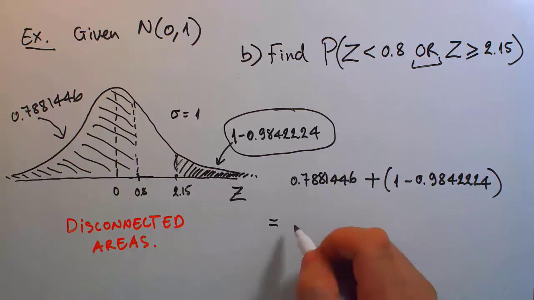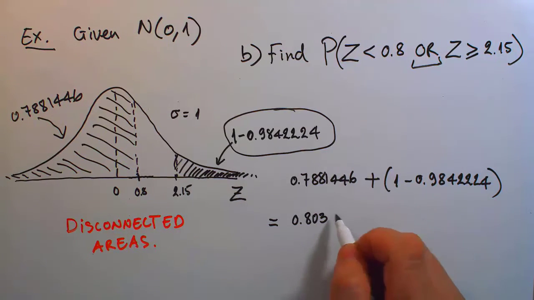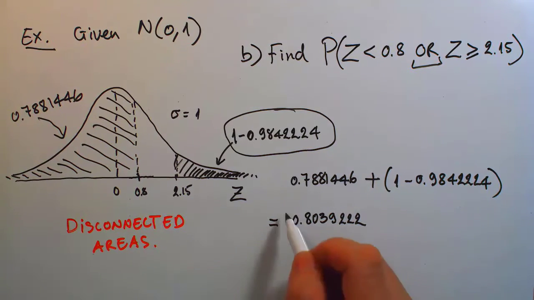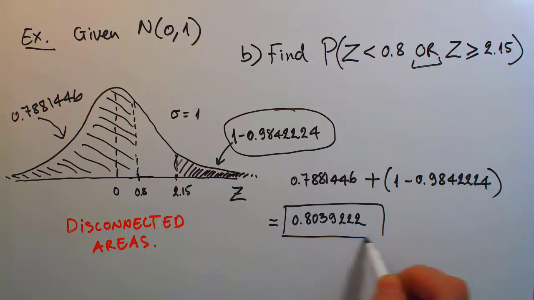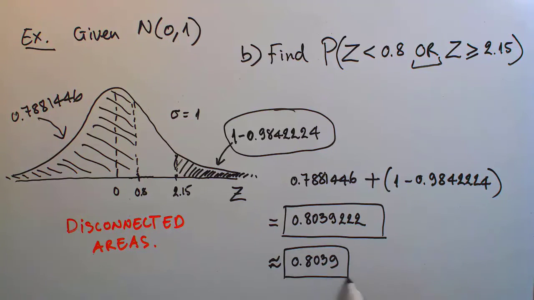The final calculation comes out being 0.8039222. Once again, if we have to put that in 4 decimal places, then this is about 0.8039. That's another way that quite commonly happens.